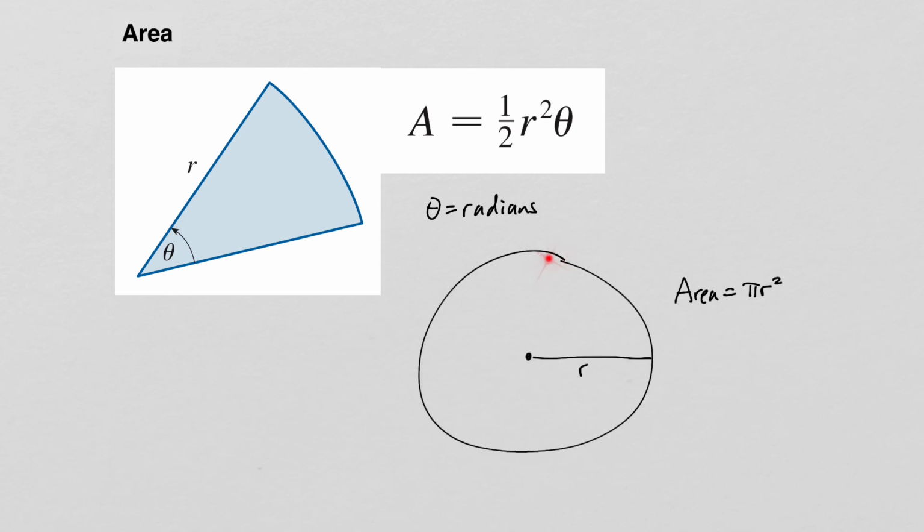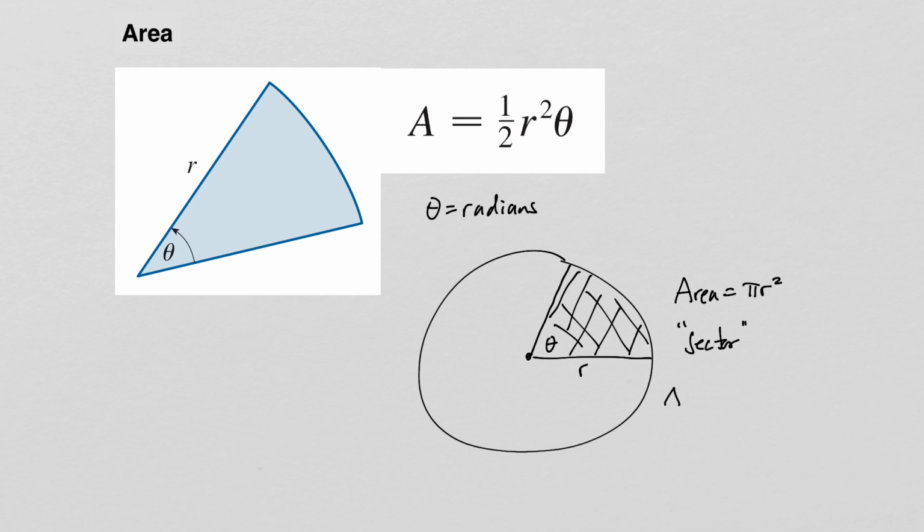So we know that if we have a circle of radius r, the area of the circle is pi times r squared. Now let's suppose we create a central angle theta, and we want to find the area of this portion of the circle, which is called a sector.